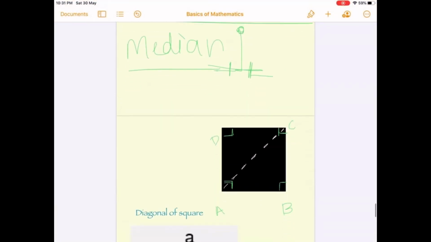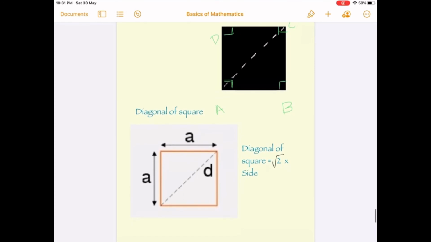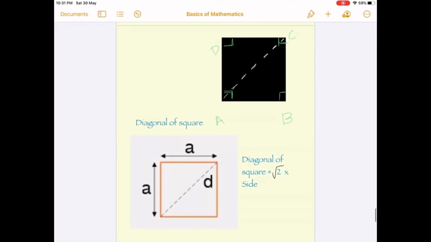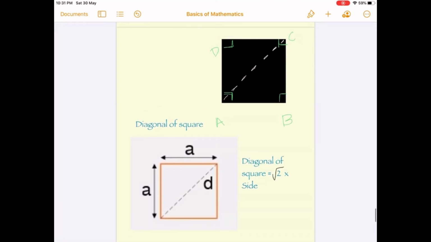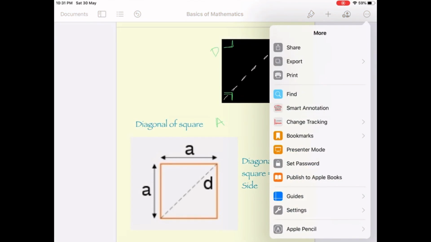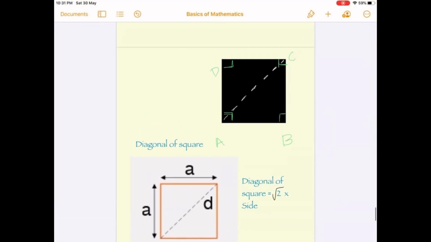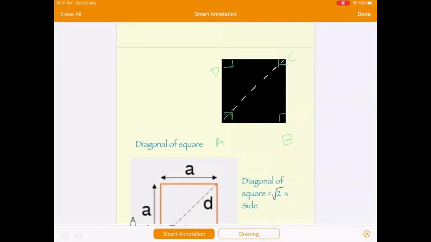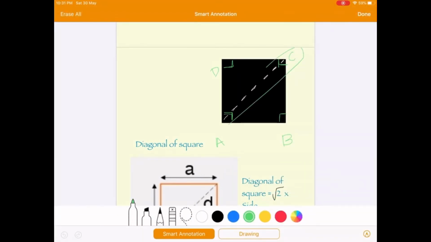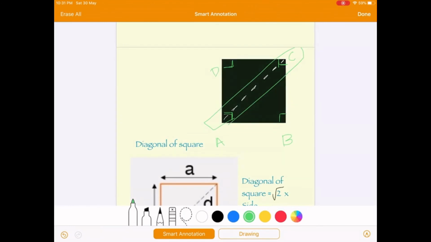Now let us move to the diagonal concept. In this we are going to study only about the diagonal of square. Now what is diagonal of square? Let us study. If you see this image, the first one, you can see that AC is the diagonal. Now BD can also be a diagonal.